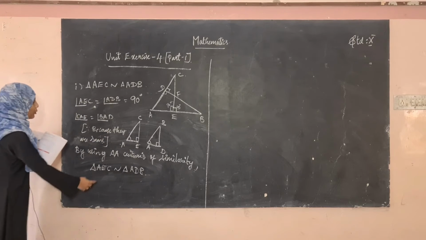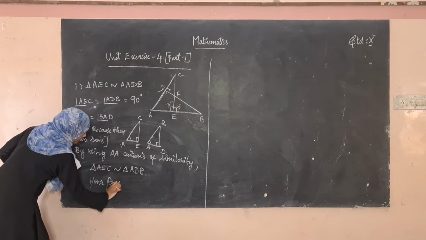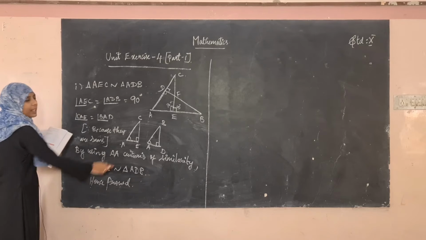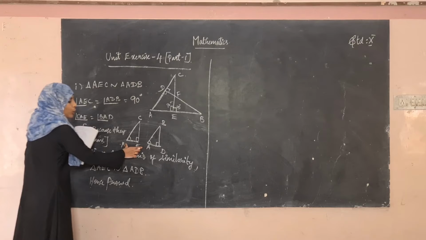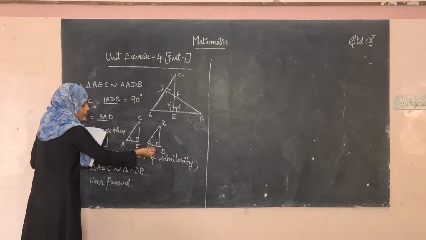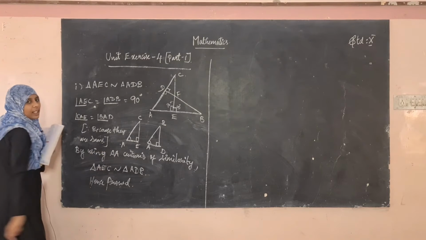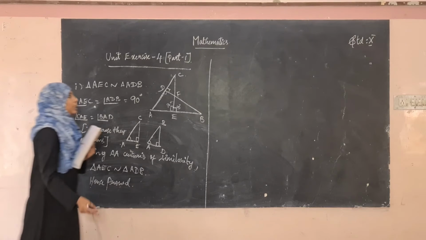Yes, this is what we have to prove, right? Hence proved. What is the property that we have used here? We have used the AA criterion of similarity. So from these two triangles, two of the angles are the same. If two angles are the same, we use the AA criterion of similarity and we can say that these two triangles are similar.